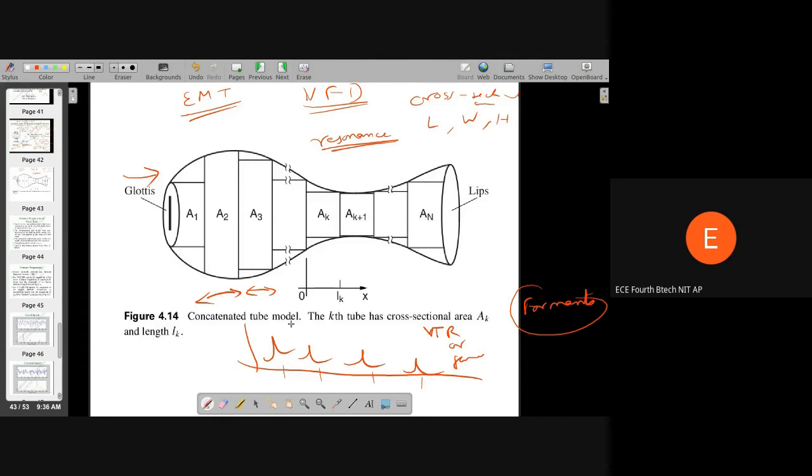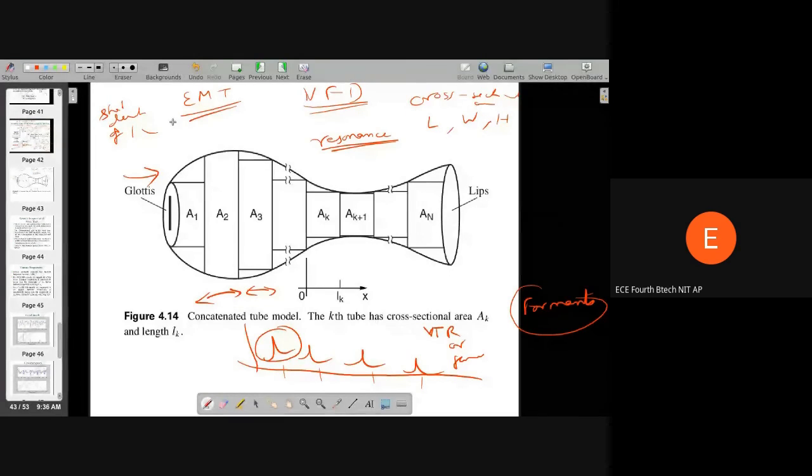So these high energy regions in the spectrum occur because of this vocal tract having different cross-sectional area, if we analyze it for a short duration of time. Of course, for different sounds, the cross-sectional area and how the vocal tract is shaped varies.